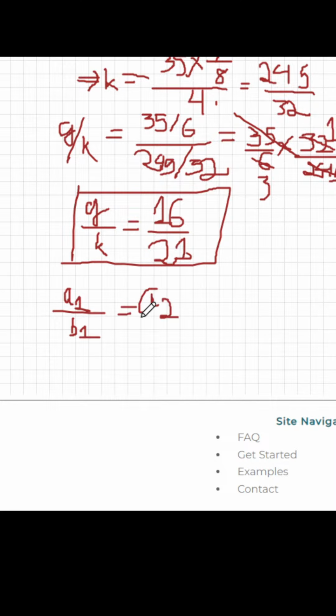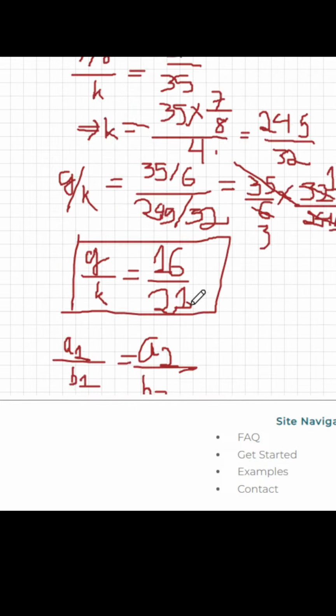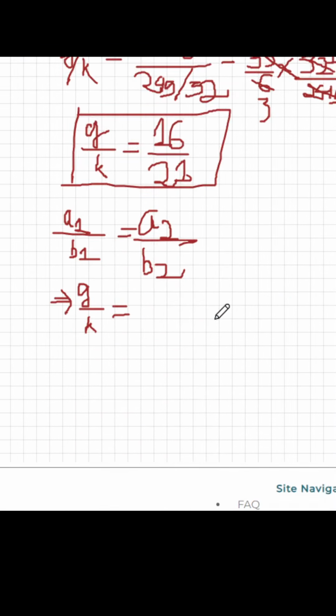This is also true, and then we can derive g by k. g by k is a2 by b2. So g by k can be equal to a1 by b1, that is 2 by 3 divided by 7 by 8.